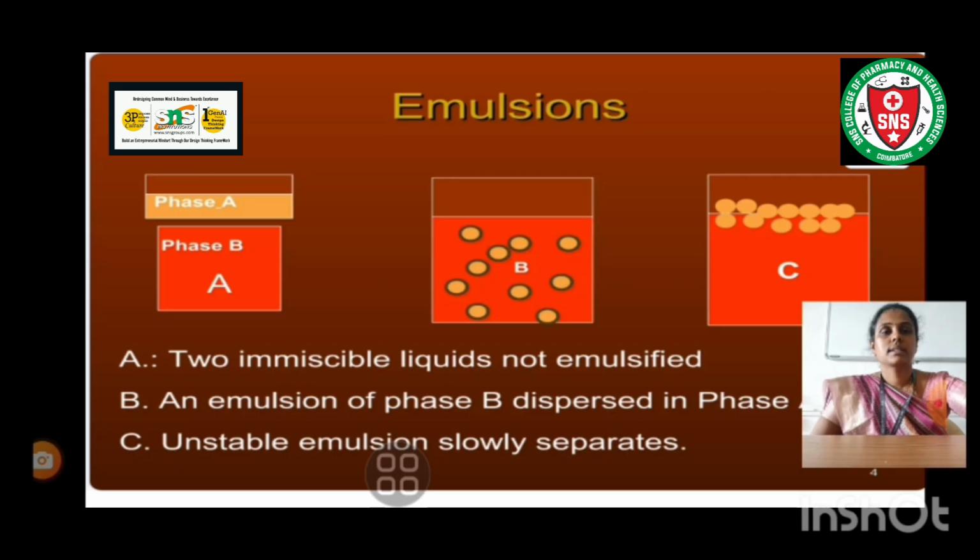Next, an emulsion where phase B is dispersed in phase A. Then the third is an unstable emulsion, which slowly separates. When standing for a long time, both phases separate from each other.